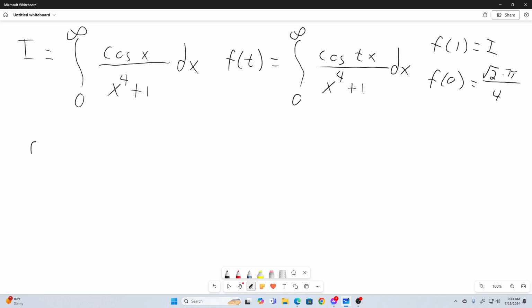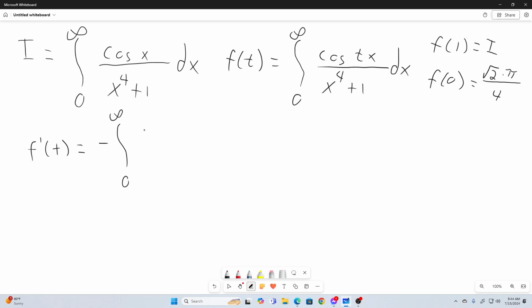All right. Let's use the Leibniz rule for differentiation under the integral sign to find f prime of t. That's going to be negative integral 0 to infinity, and again, I'm taking the derivative with respect to t of f of t by taking the partial of the integrand with respect to t and leaving the rest of the integral alone.